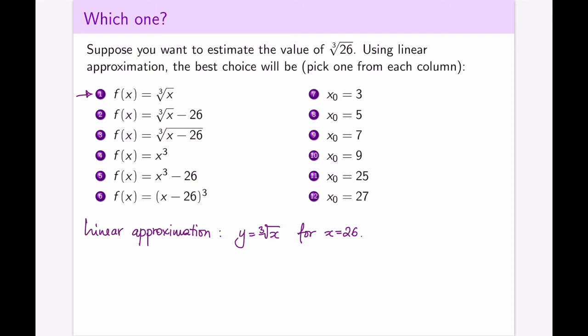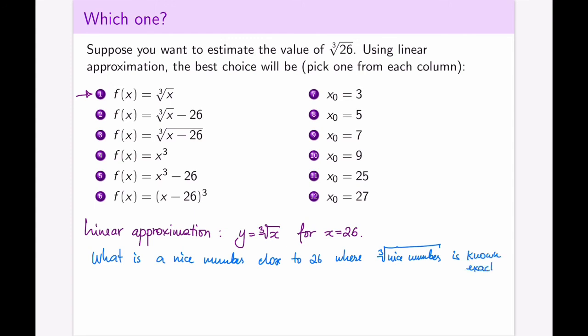My nice number has to be a number that I can take a cube root of. What is a nice number? It's not like you have a unique choice here. A nice number has two conditions: it has to be close to 26, and its cube root is easy to calculate, or known exactly.